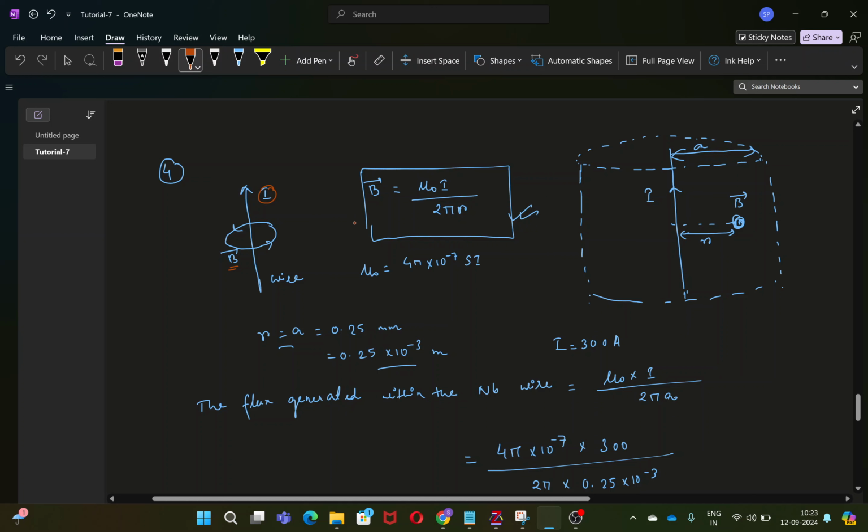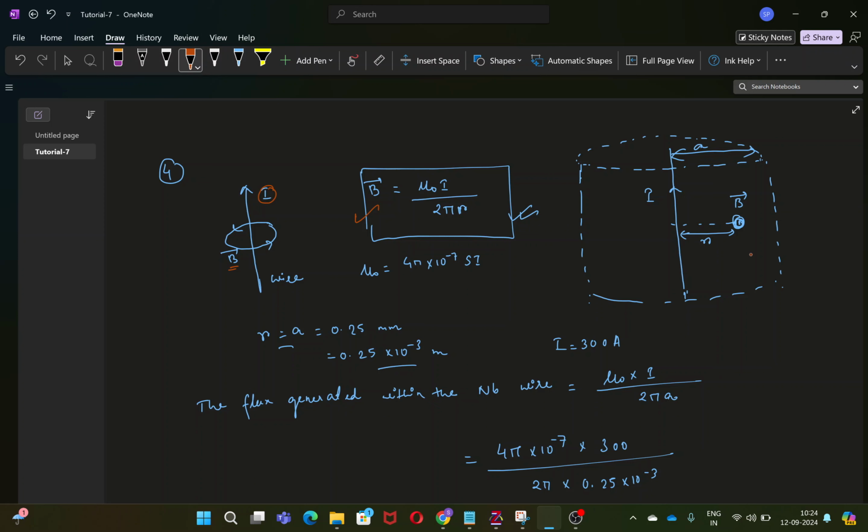Now this is a well established expression from electromagnetism: for any current carrying wire, the magnetic field generated will be given by B equal to mu naught I by 2 pi r, where I is the current, mu naught is the free space permeability, and r is the distance from the axis of the wire.